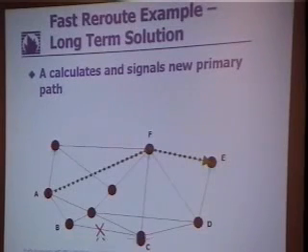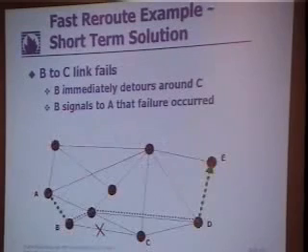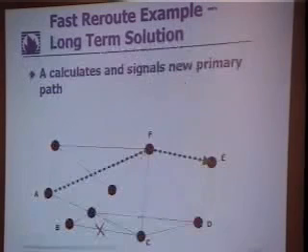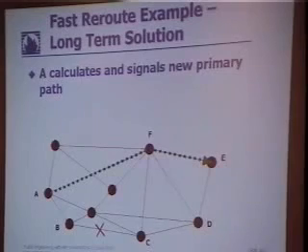And once it has done that, we'll switch over from this detour path to the new primary LSP. Again, the goal here is just to shrink the time between when the failure happens and when traffic takes a working path.